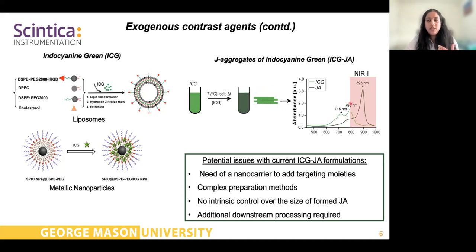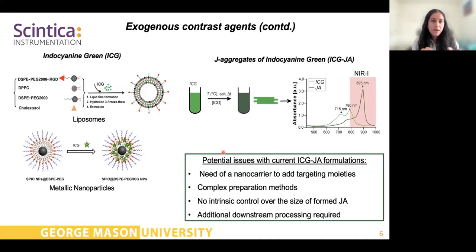And one wonderful thing about them is that the monomeric ICG dye has a very high optical absorption at 780 nanometer. But upon aggregation, it shifts in the near infrared range and has a very high optical absorption at 895 nanometer. But there are several potential issues with the current ICG J aggregate formulations.